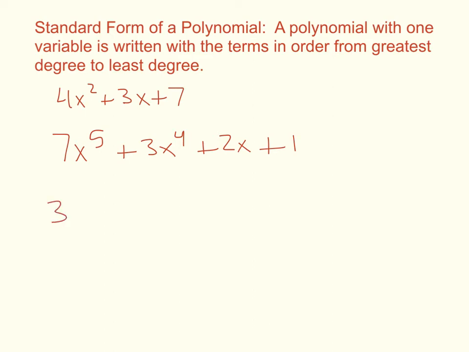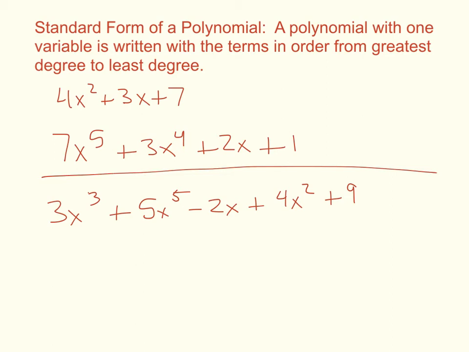So if we have something like 3x to the third plus 5x to the fifth minus 2x plus 4x squared plus 9, notice that is not in standard form. So we could rewrite it in standard form.